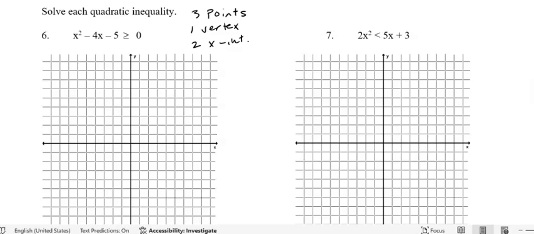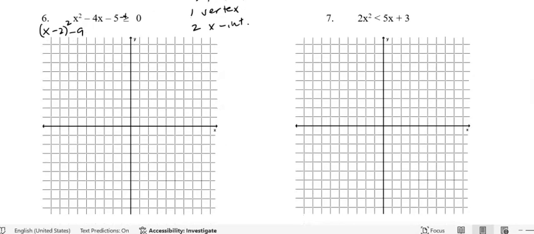But when the lead coefficient of these functions is just 1, I think it's probably easier to change to vertex form. So I'm just going to be subtracting 4, and so there's the vertex form. That tells me that the vertex is at 2, negative 9.